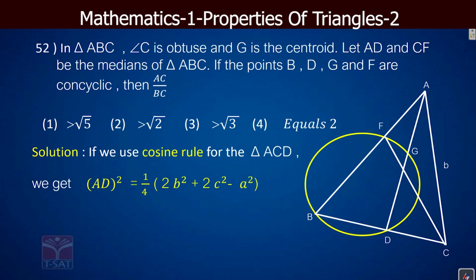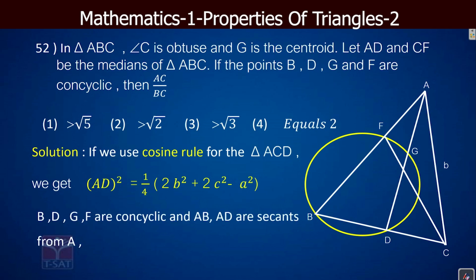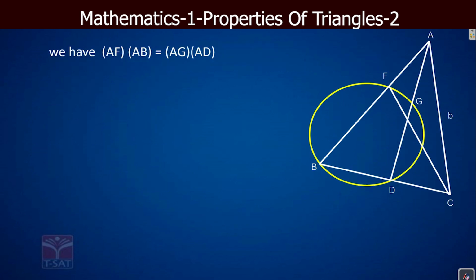Now, B, D, G, F are concyclic, and AB and AD are secants from A. You know that for any circle, from an outside point, if you draw two secants, the product is always constant. So AF into AB is equal to AG into AD.